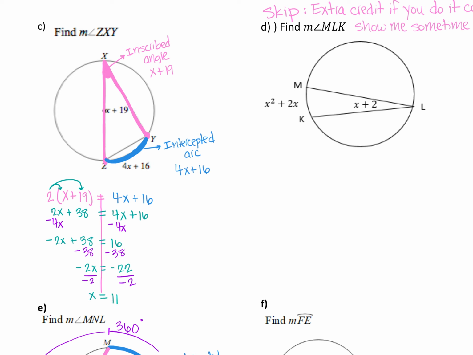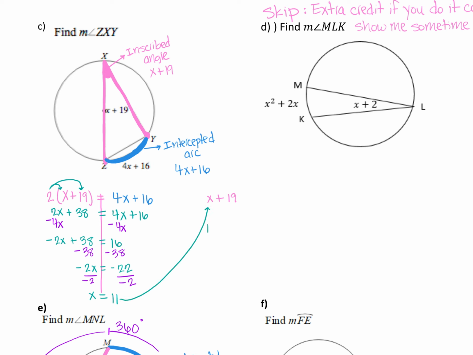But notice that's not what it's asking us to find. It's asking us to find the measure of angle ZXY. So it wants us to find this angle. It wants us to find the inscribed angle. And so our inscribed angle is x plus 19, which means we need to plug 11 into the x.